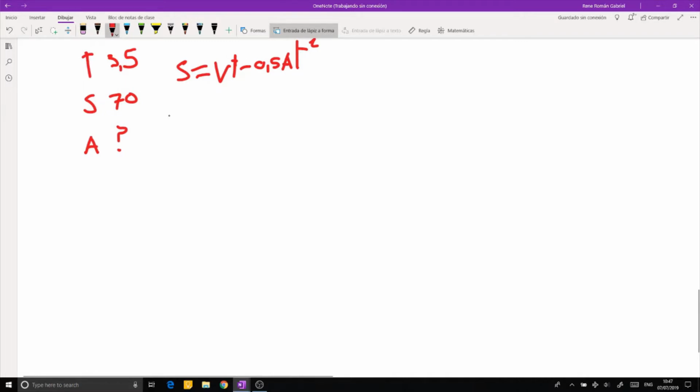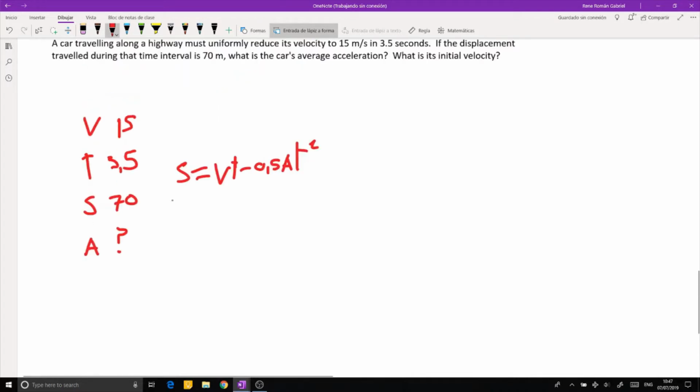So now we would solve it, saying that S is 70 equals VT, which is 15 times 3.5, which would be 52.5.